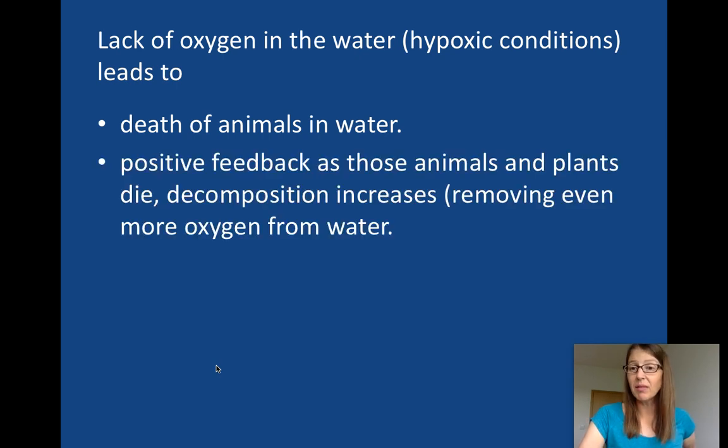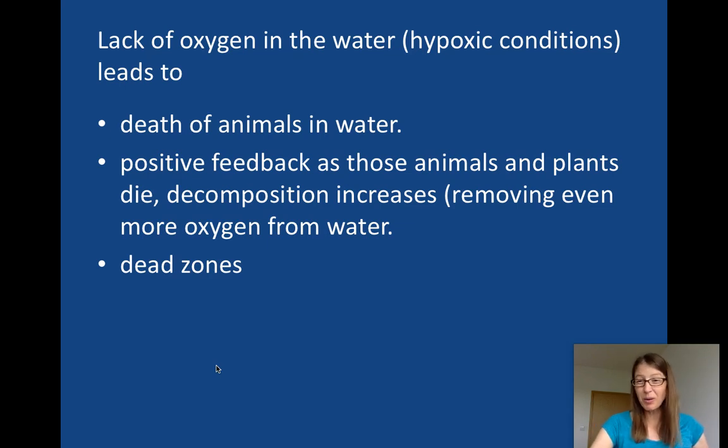All those animals that need clean water with lots of oxygen. And if they die, then they have to be decomposed. So that creates a positive feedback loop. That's an important aspect you need to talk about when you're talking about eutrophication. Okay, so those animals die, they decompose, and that takes more oxygen from the water. So more organisms die, and they decompose, and it takes more oxygen. So everything's being amplified, and you end up getting dead zones.